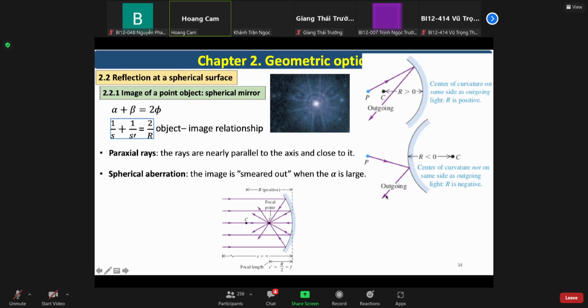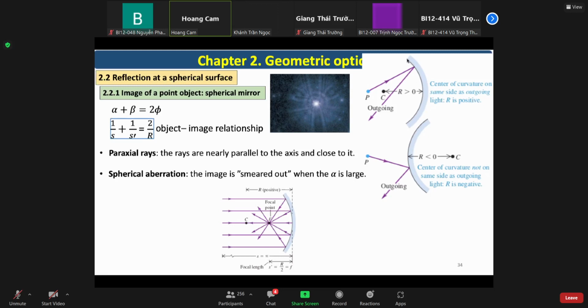We have some figures in this slide here. I will discuss these two cases first. The center of curvature, C, here. You see these two spherical mirrors are different.